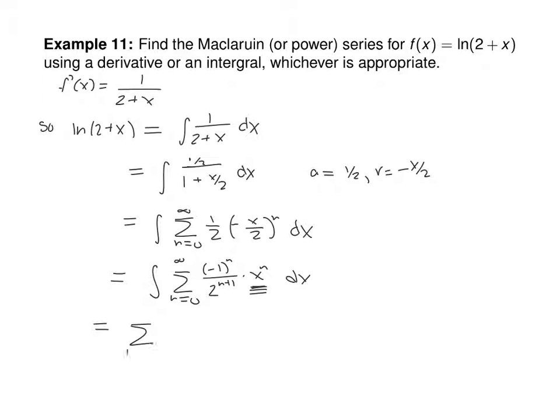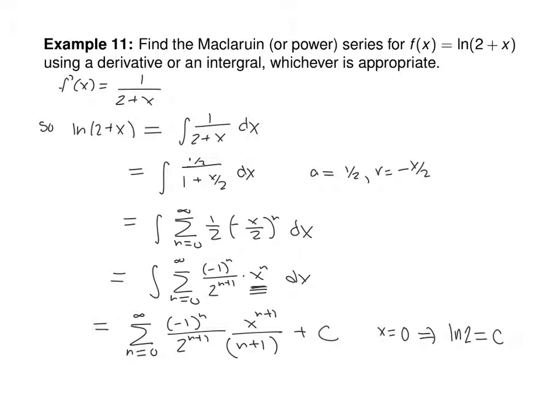So the antiderivative of x to the n is x to the n plus 1 over n plus 1 plus some constant c. So there you go. Now figure out what c is. We can plug in a clever value. If we plug in x equals 0, on the left side we have ln of 2.